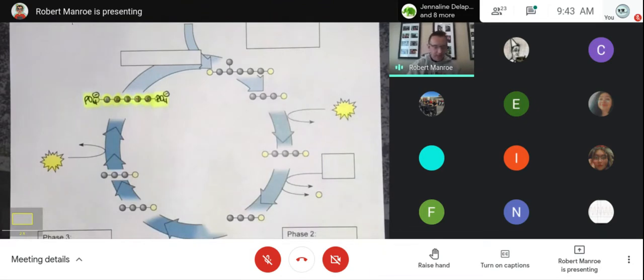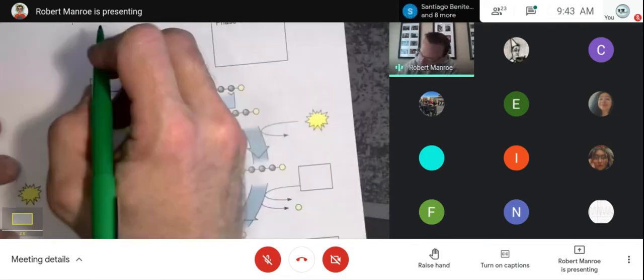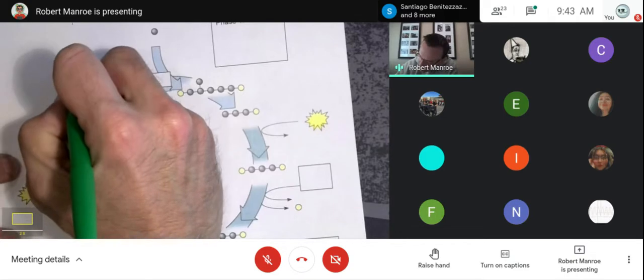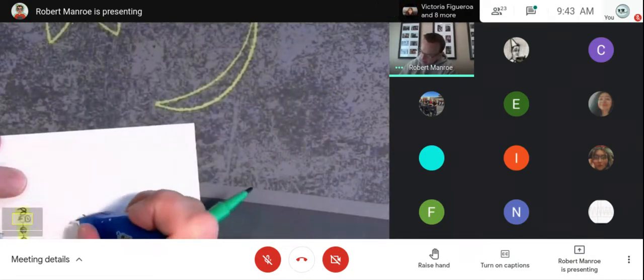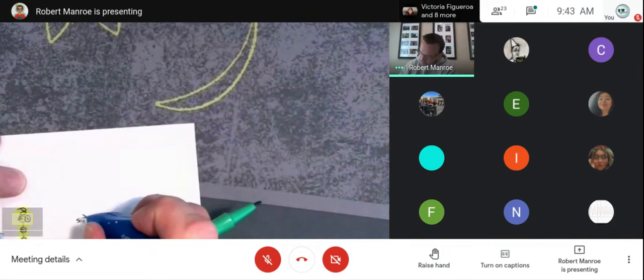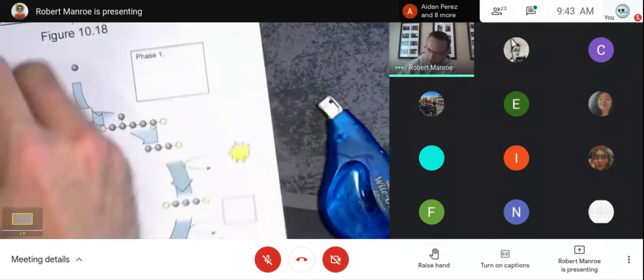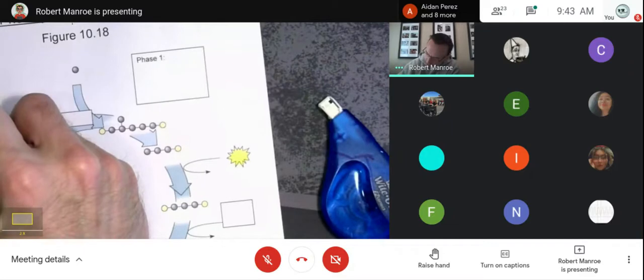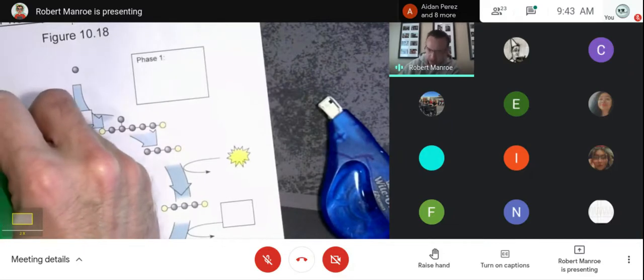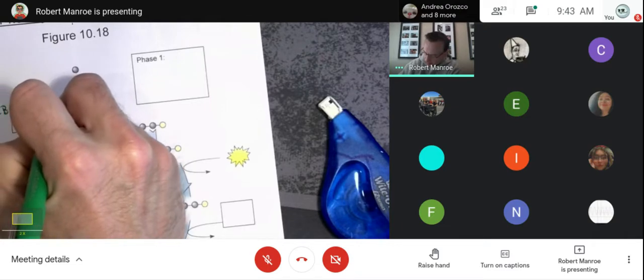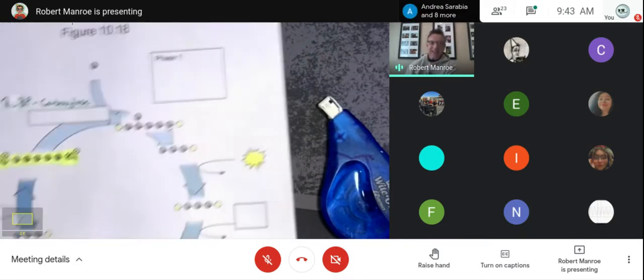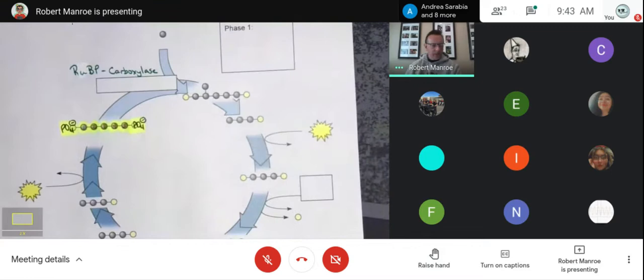Then there's an enzyme called RuBP carboxylase, okay? So this is RuBP carboxylase, okay?